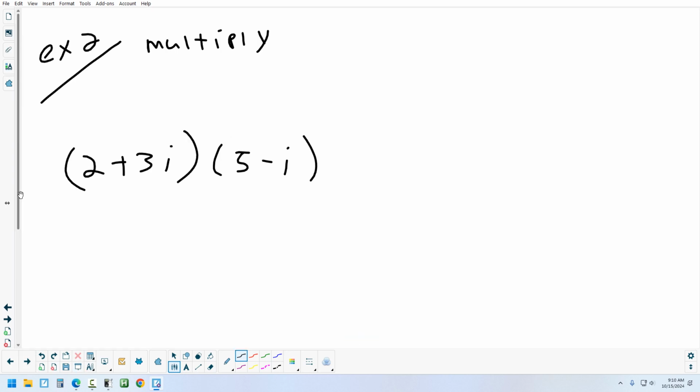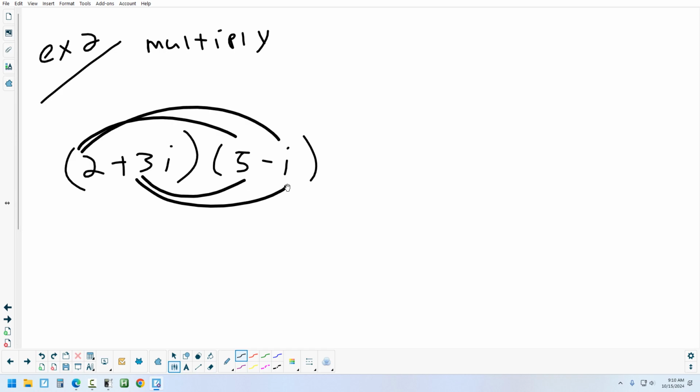Okay, multiply. When we multiply, do it like you would do the double distributive property. Some people learn it as FOIL. Okay, either way. So let's do that out and see what we get. Lizzie, what's 2 times 5 going to give me? 10, yep.